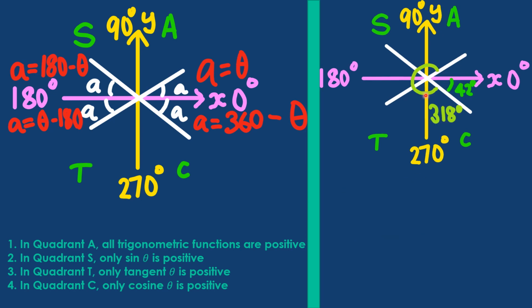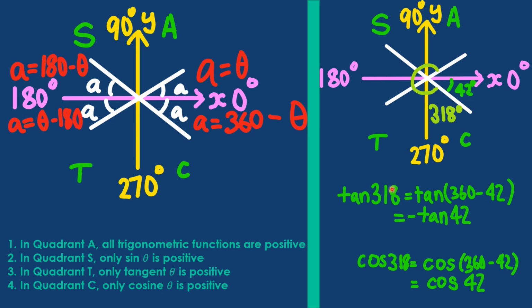So let's try another example. If it's 318 degrees, this will be 42 degrees. So if it's, let's say, cosine 318, then what would be its angle conversion? So let's see. Cosine 318, which in this case is A, which is 360 minus theta.